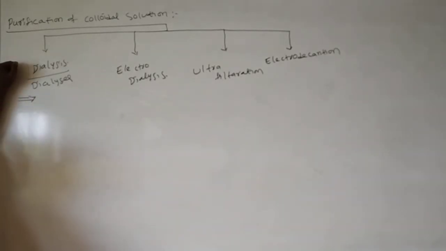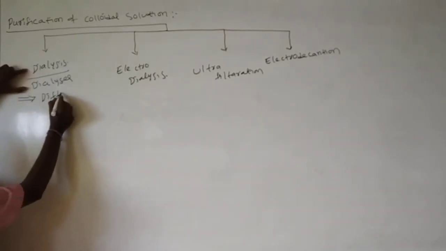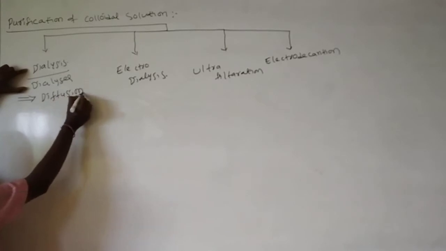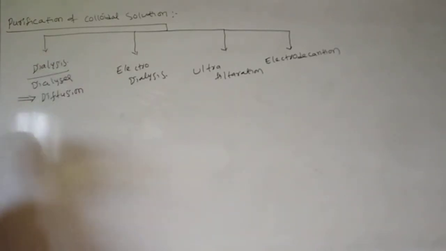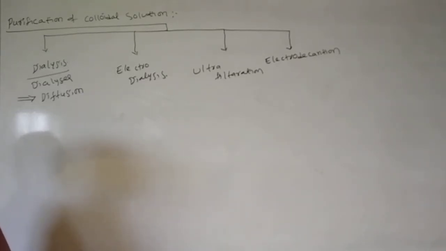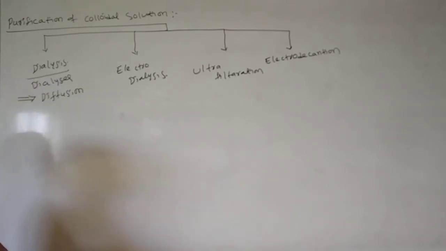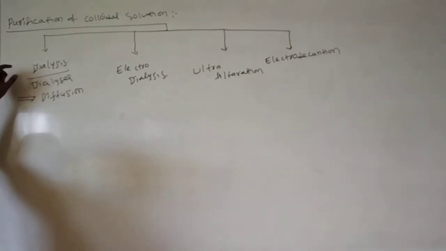What is the meaning of dialysis? Which principle is involved in dialysis? In dialysis, the diffusion principle is involved: diffusion of impurities or solvent particles from the colloidal solution into the pure water.